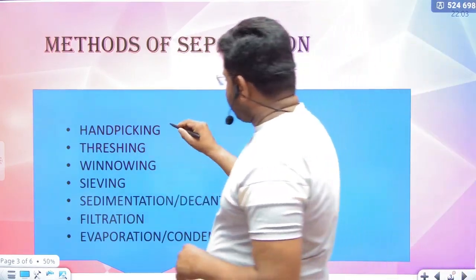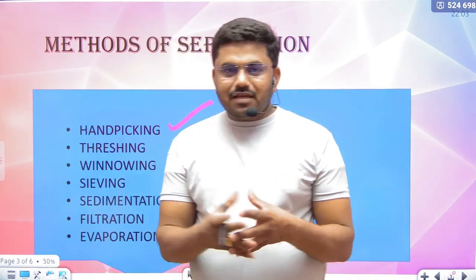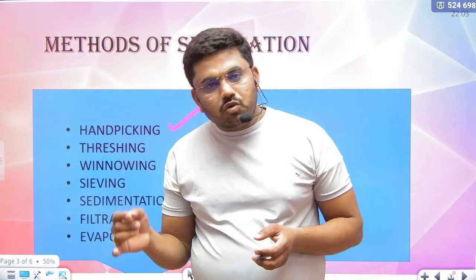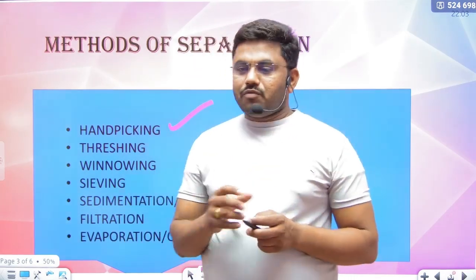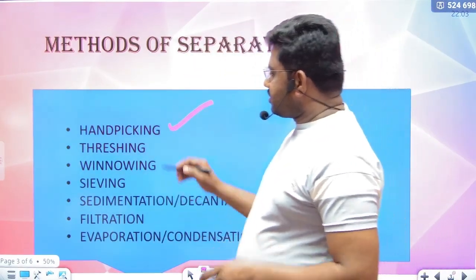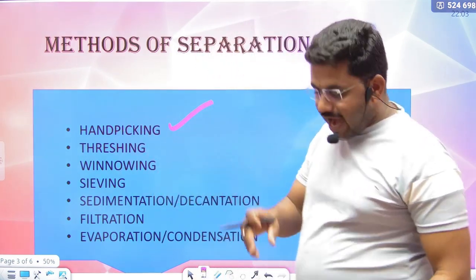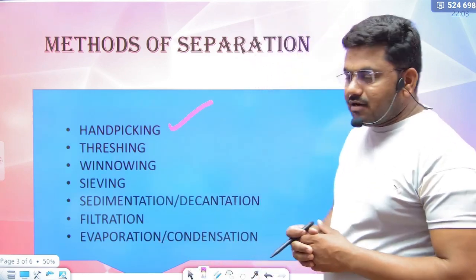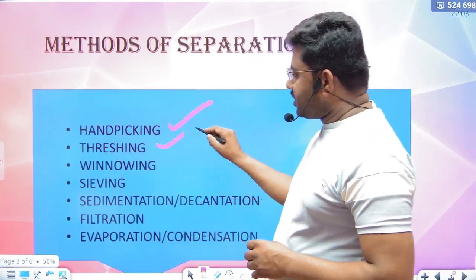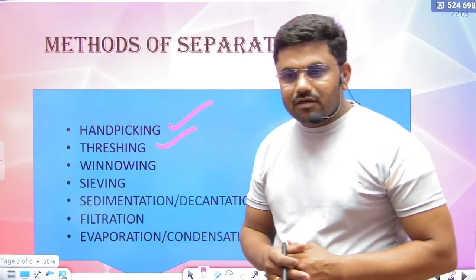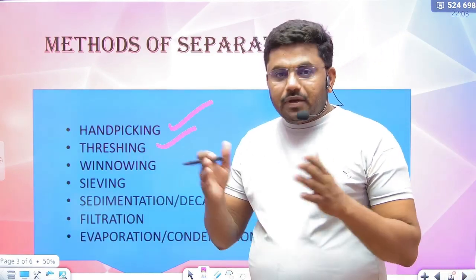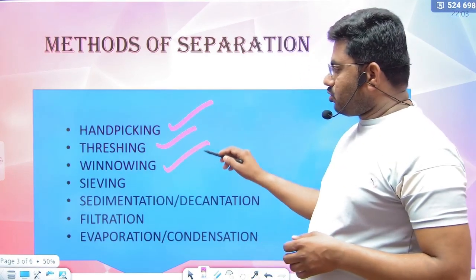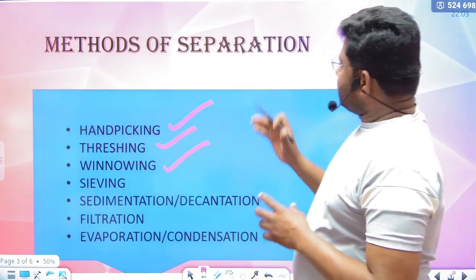At our house, women separate the stones or soil from some grains, and that method is known as hand picking: using the hand to pick up the impurities. Threshing is another method, and winnowing is also a method of separation of substances.